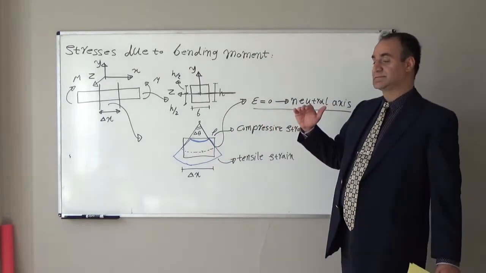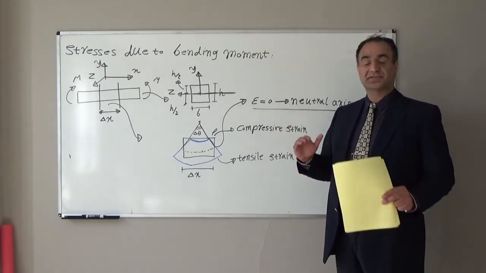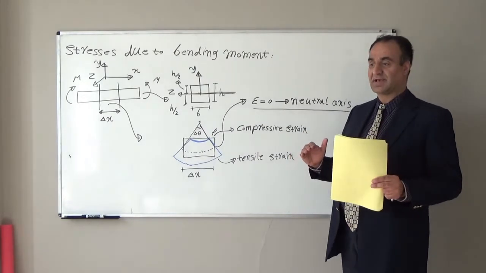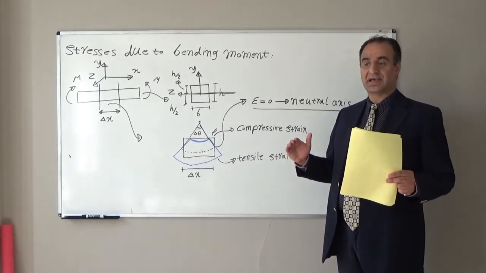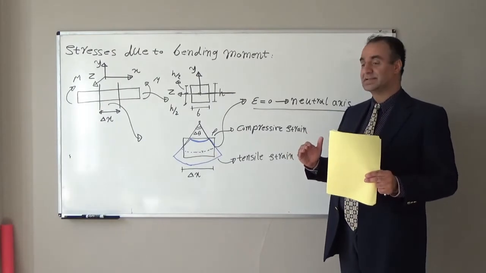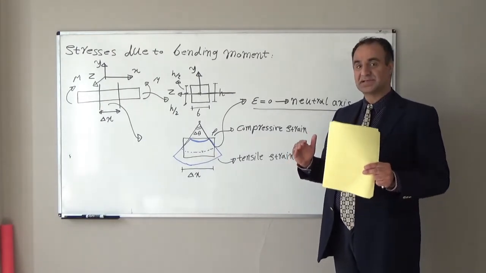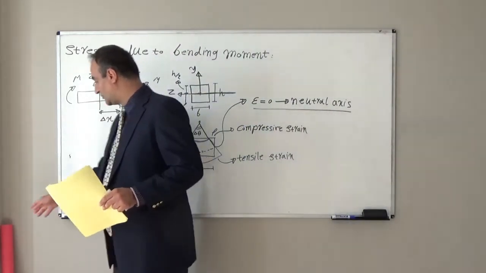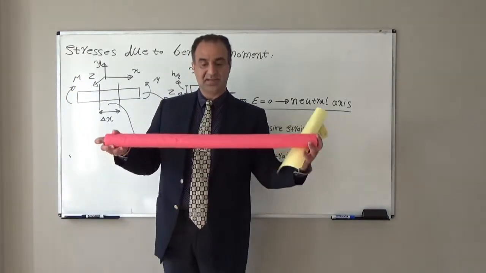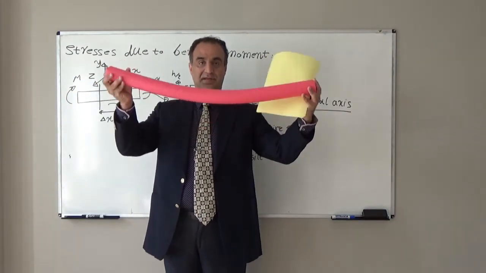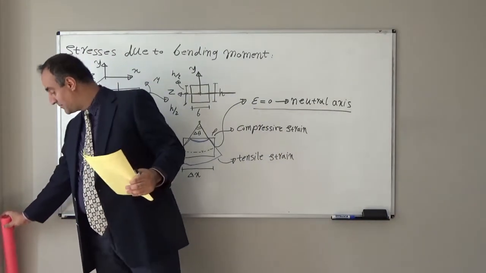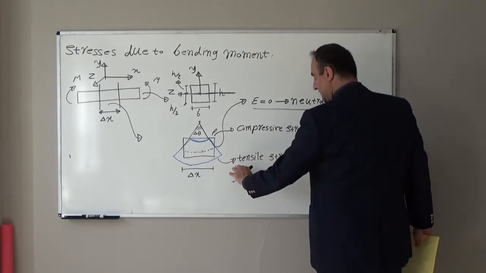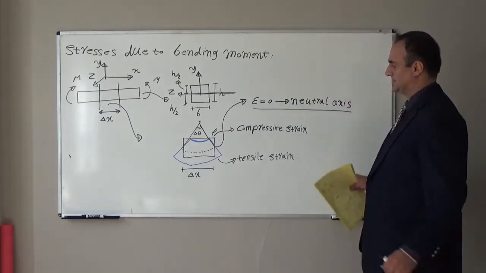In neutral axis location, strain is equal to 0. We don't have any kind of deformation. We don't have contraction, or we don't have expansion. And strain is equal to 0 and stress is equal to 0. But if beam is subjected to positive moment, it means underneath we have tension like this. In that case, above that neutral axis, we will have compressive strain, and below that we have tensile strain.